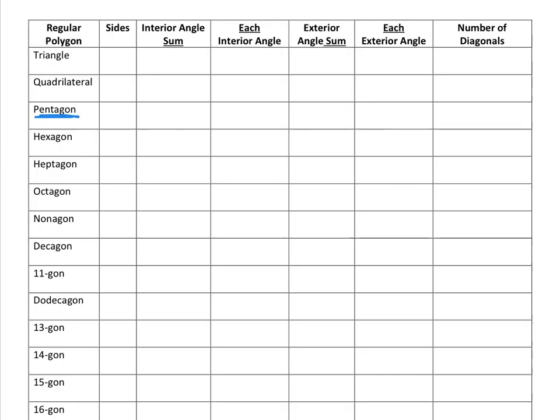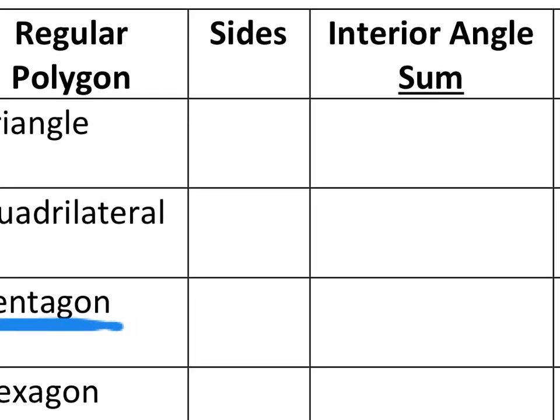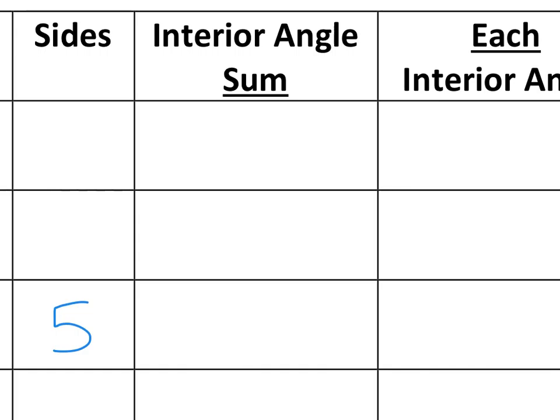So a pentagon has 5 sides. Now, if we want to find the interior angle sum of a pentagon, we have a formula that we talked about earlier this week, and that formula is n minus 2 times 180.